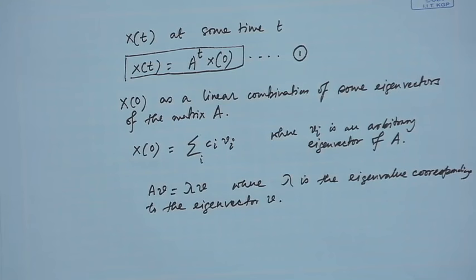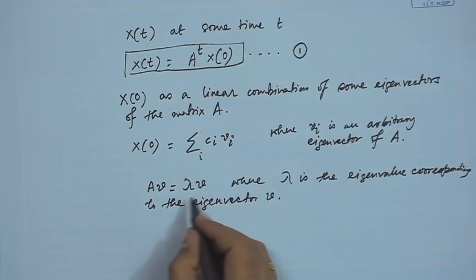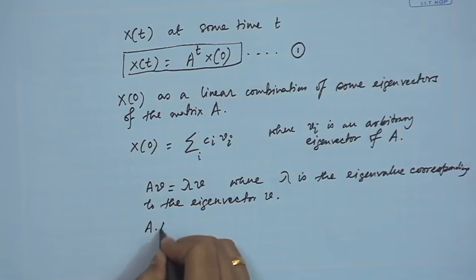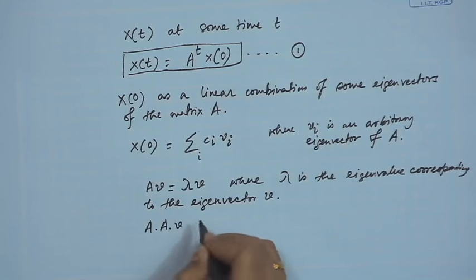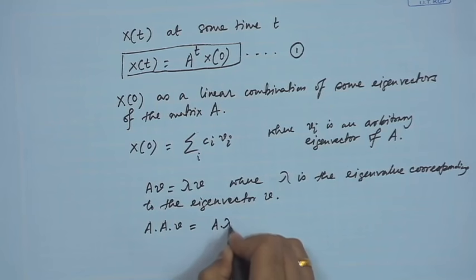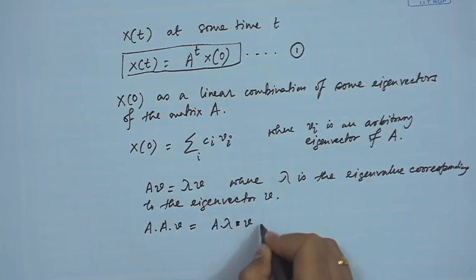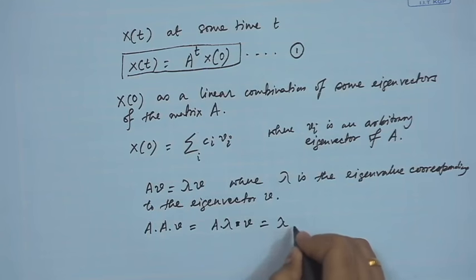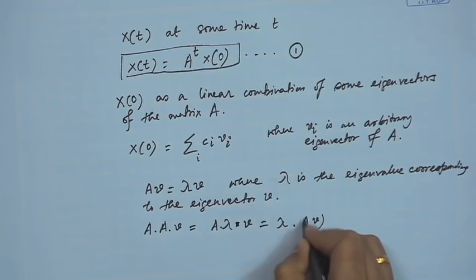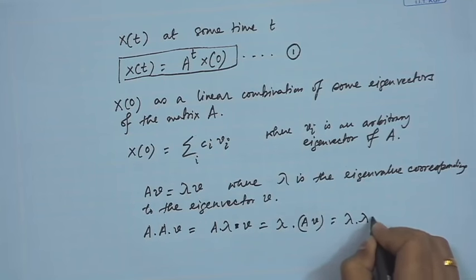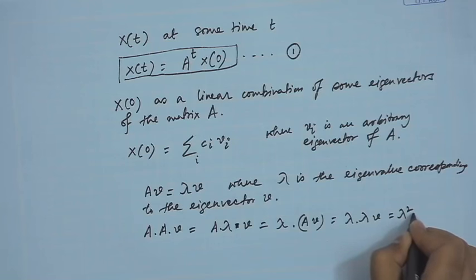Now if we multiply both sides of this equation by A, once again we have A into A v is equal to A into lambda v, which should be equal to lambda into A v once again, that is nothing but lambda into lambda v, that is lambda square v.